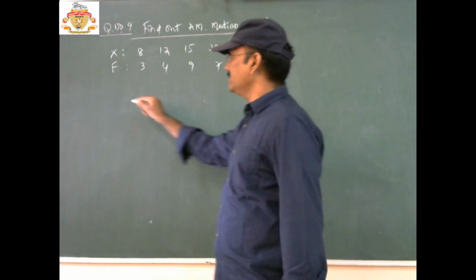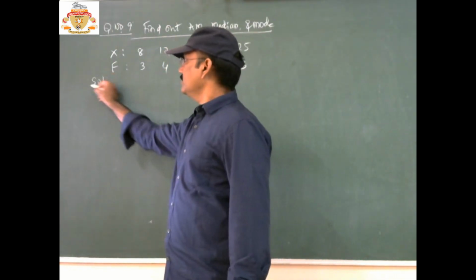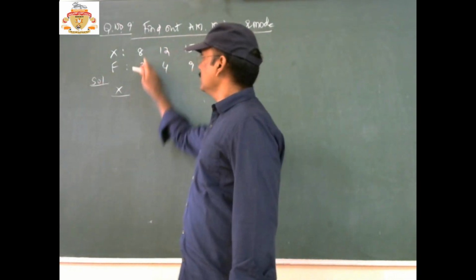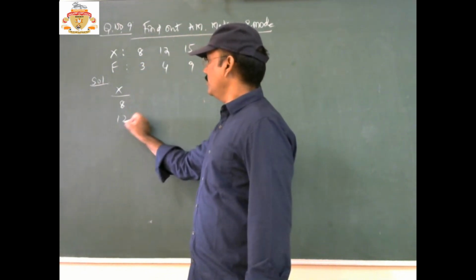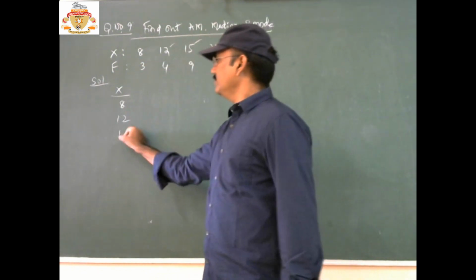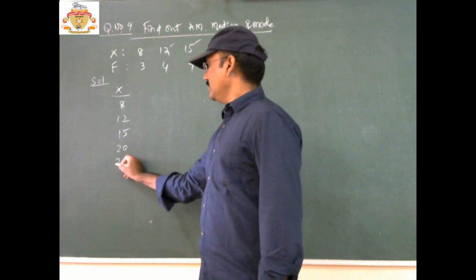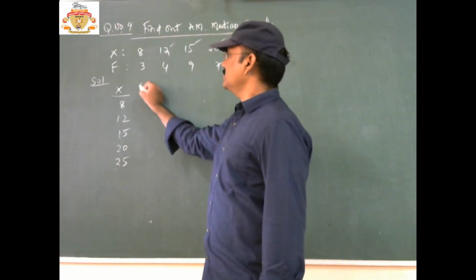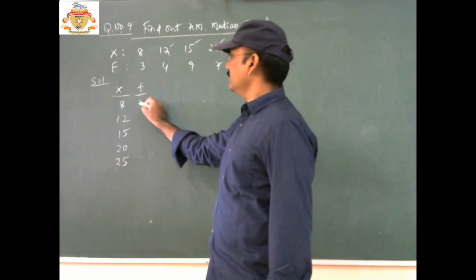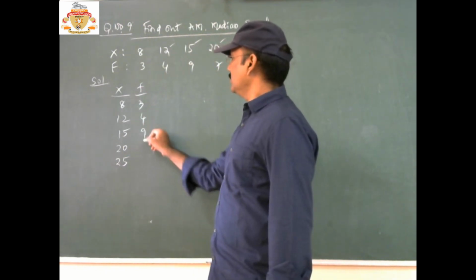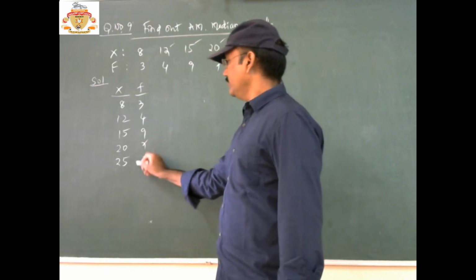You write the same as it is. This was the solution. X: 8, 12, 15, 20, 25. Next, use the frequency: 3, 4, 9, 7, 3.